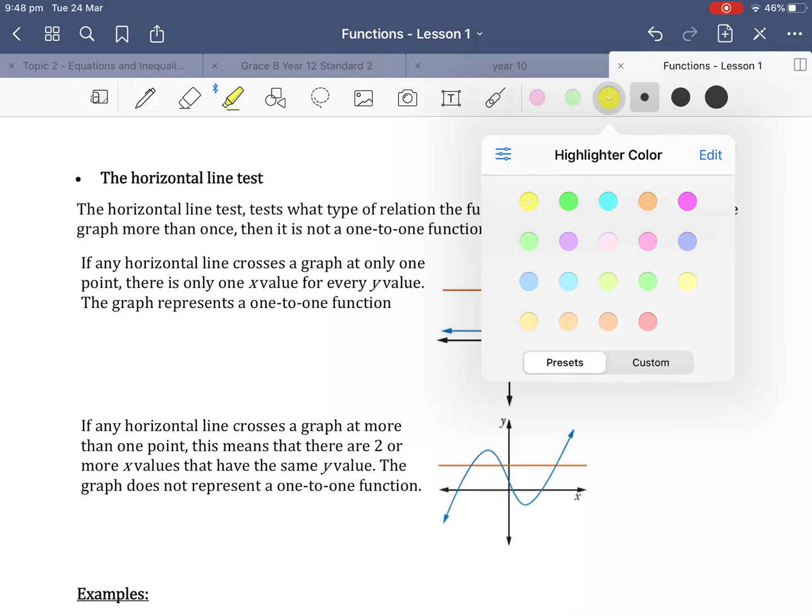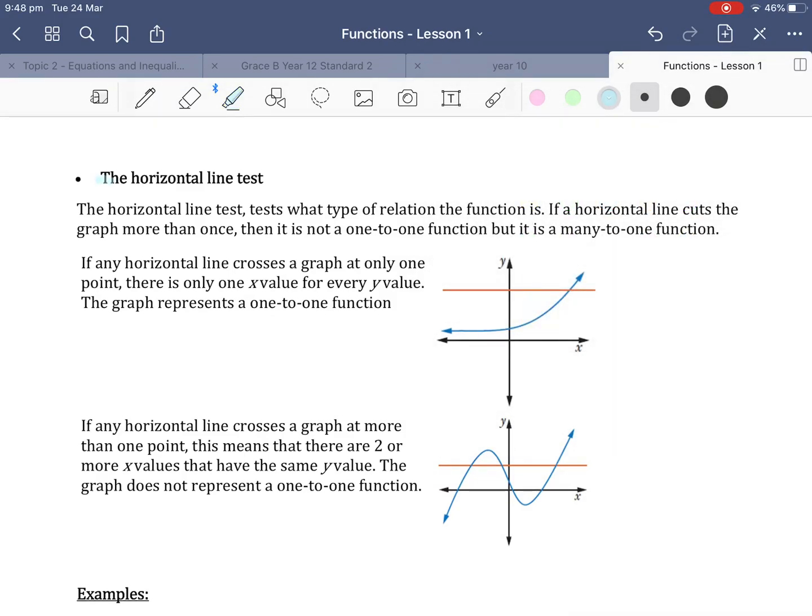Moving on, we have the horizontal line test now. The horizontal line test tests what type of relation the function is. So we've tested using the vertical line test, and now we want to know what type of relation the function is.